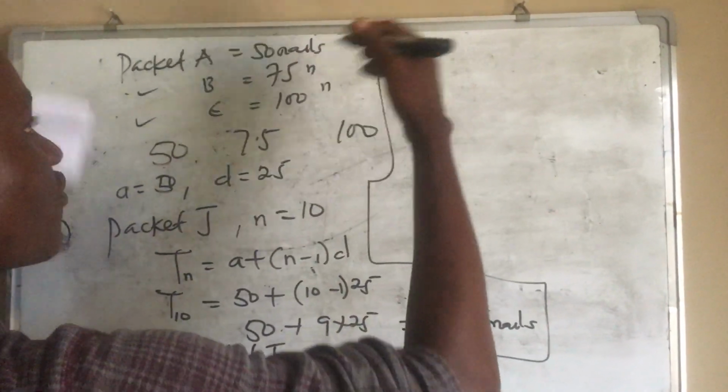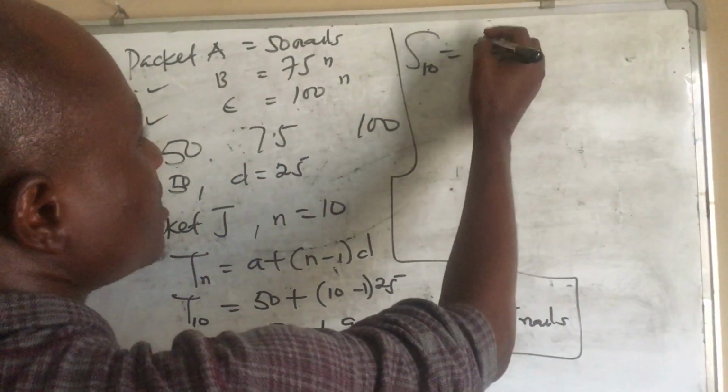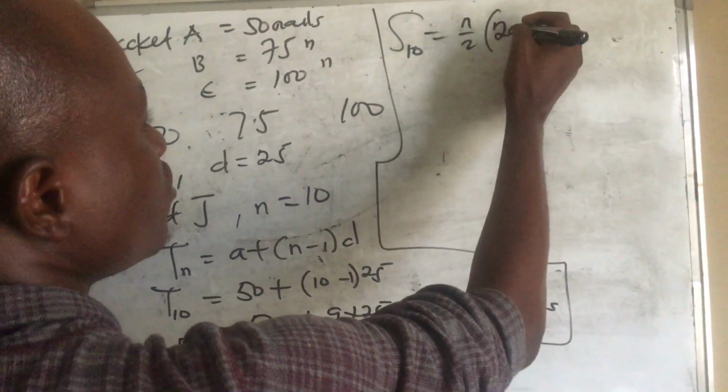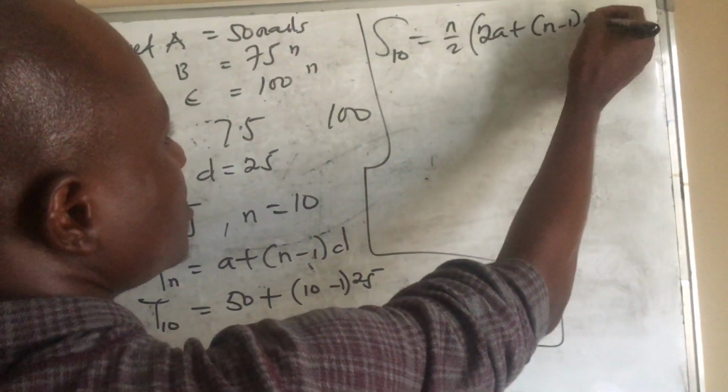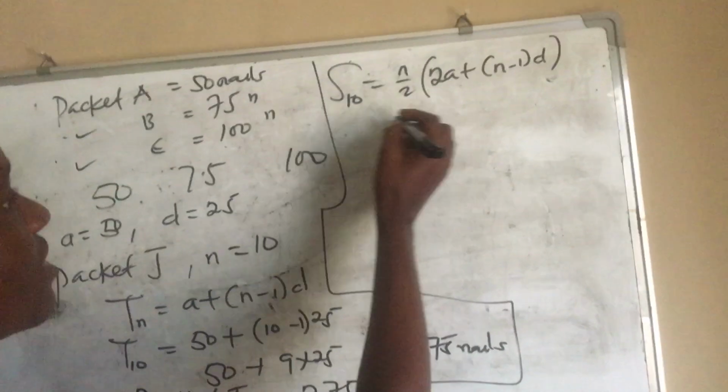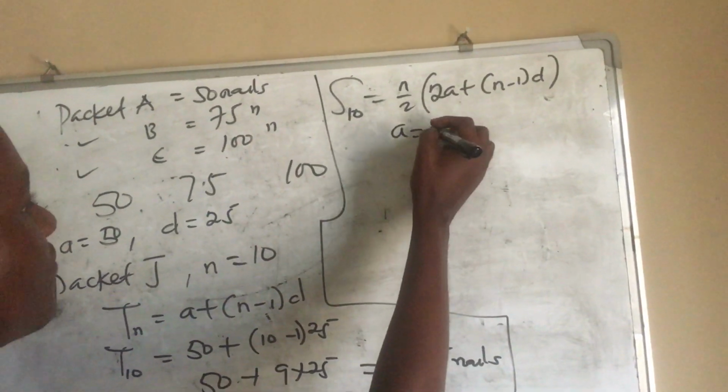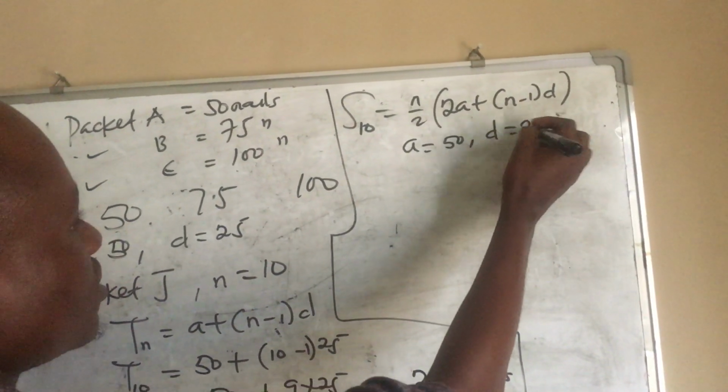We use the sum formula, n/2 (2a + (n - 1)d). Don't forget, our a is still 50 and our d is still 25.